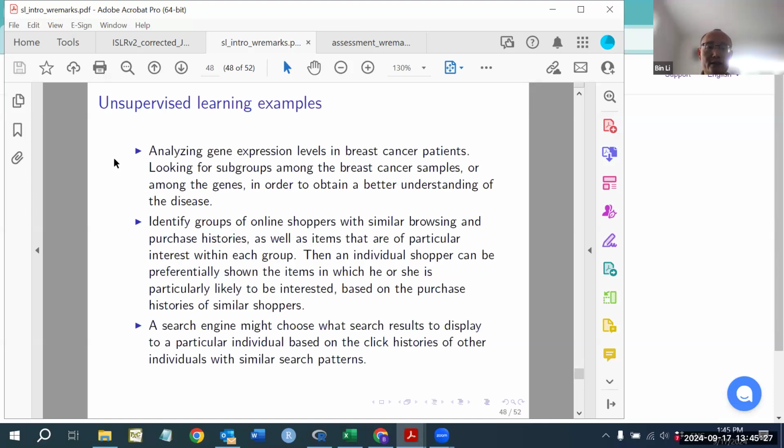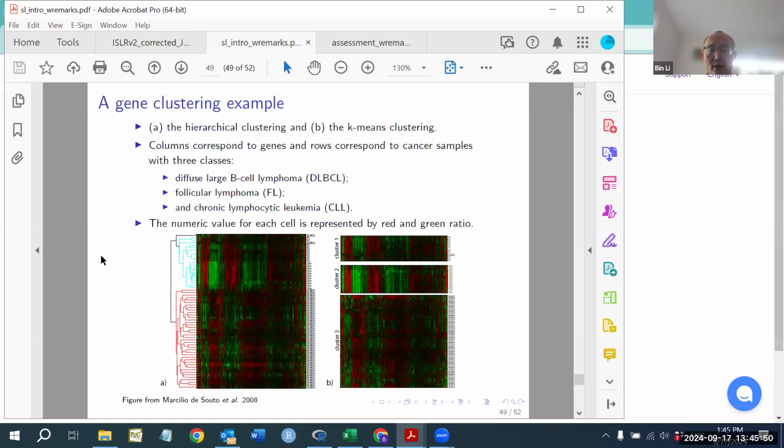So here I listed some examples. You can take a look. The first example is a gene expression data set among breast cancer patients. We are trying to find some subgroups among the breast cancer patients. Here, this is a gene clustering example, and the technique used here is the microarray.